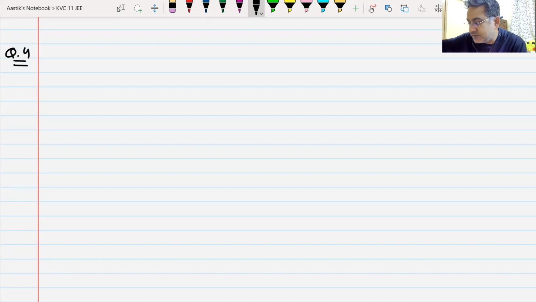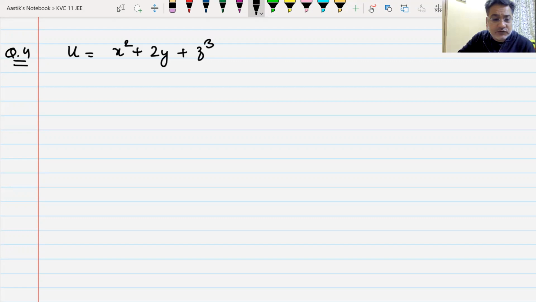So I have the energy function as x square plus 2y plus z cube. Can you find out the conservative force which is associated with this function? And I'll give you 2 minutes to do it.